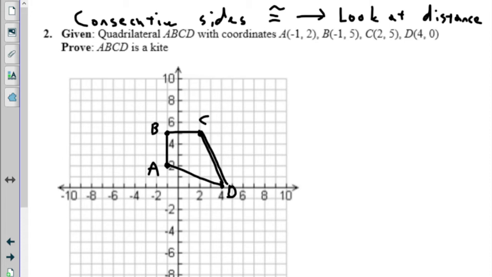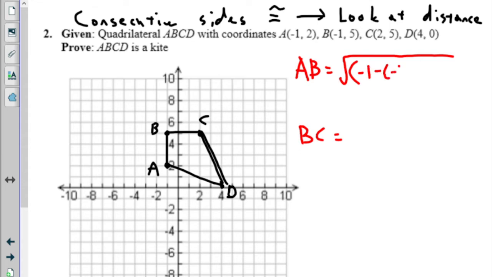So looking at our distances, we're going to start with my distance from A to B, and we're going to compare it with the distance from B to C. So to start with, our distance from A to B is going to be, subtract your x coordinates squared, so that's going to be -1 minus a -1 squared plus subtract your y coordinates squared.